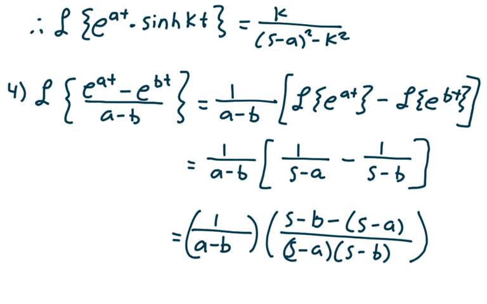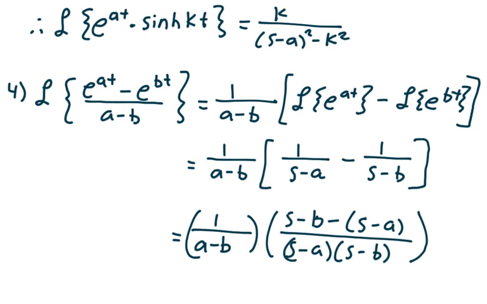And on number 4, suppose we want the Laplace transform of (e to the at minus e to the bt) over (a minus b). So this is 1 over a minus b, which is a constant, that's fixed. We multiply that by the Laplace transform of e to the at minus the Laplace transform of e to the bt.